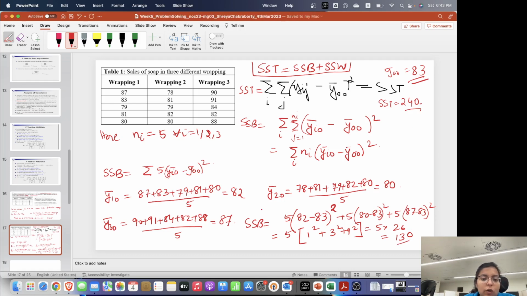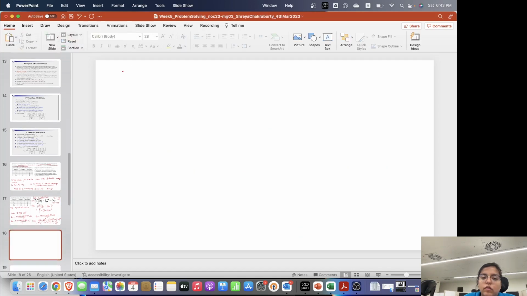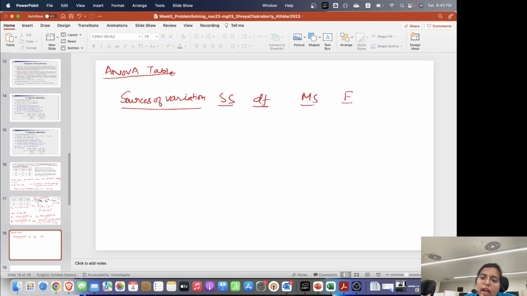So we are going to now construct the ANOVA table. So here comes the ANOVA table. The first column will be sources of variation, then sum of squares, the degrees of freedom, mean squared, and F. So these are the 5 columns of an ANOVA table.